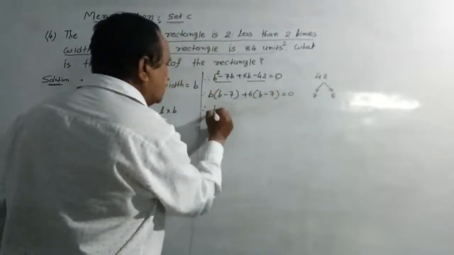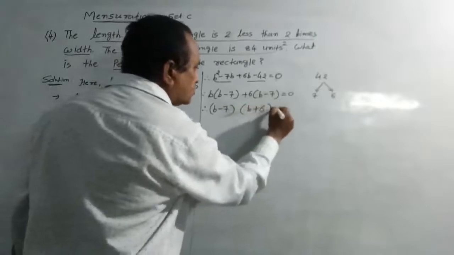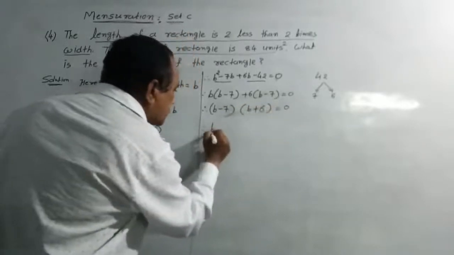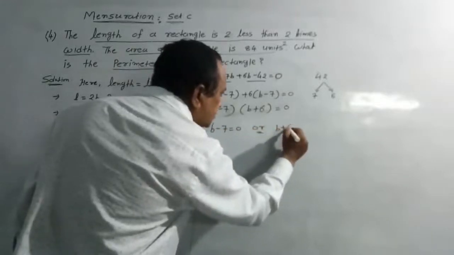So B minus 7 common, and here B plus 6 is equal to 0. Now B minus 7 is equal to 0, otherwise B plus 6 is equal to 0.